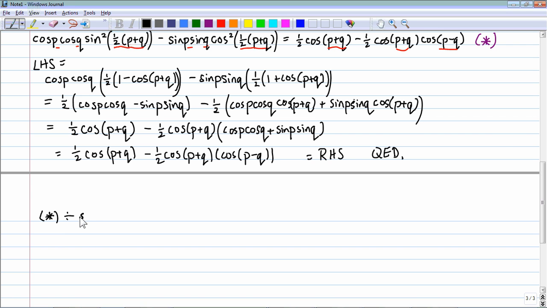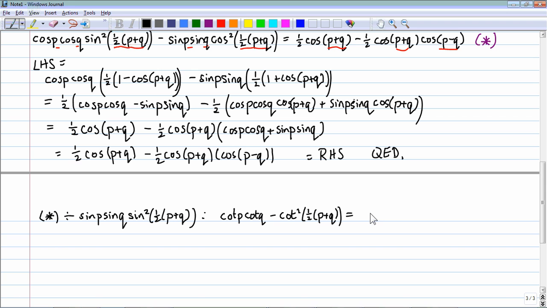Divide it by all the terms sine p, sine q, and sine squared half p plus q. What do we get? We get cot p, cot q, minus cot squared half p plus q on the left hand side.